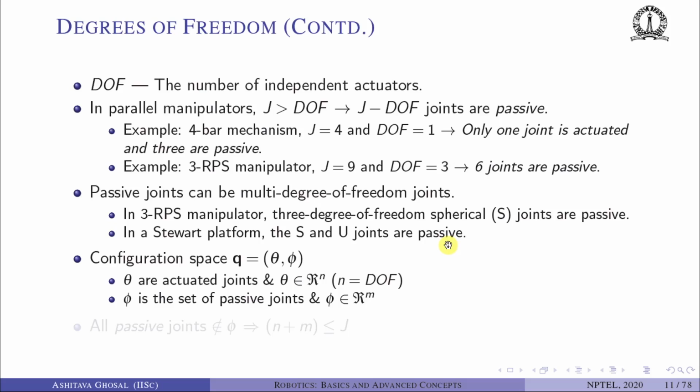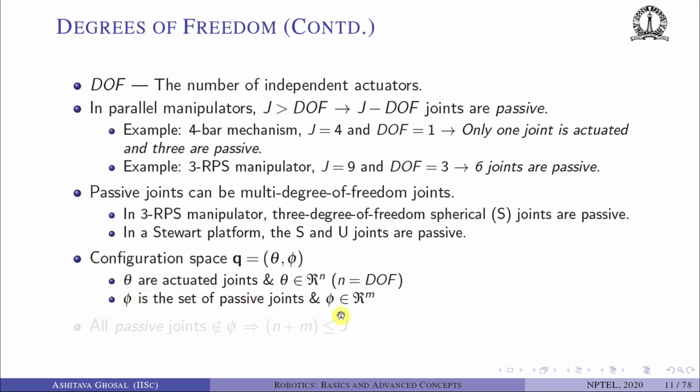So let's continue. We divide the configuration space, basically the set of all joint variables which completely describe the mechanism or the parallel robot, into theta and phi. So thetas are the actuated joints. Let's say if it is n degree of freedom, thetas form an n-dimensional space.